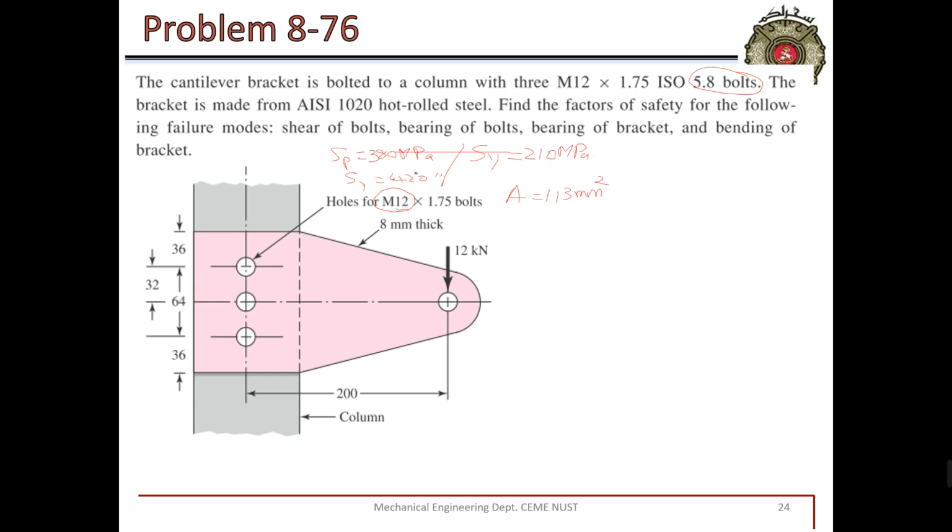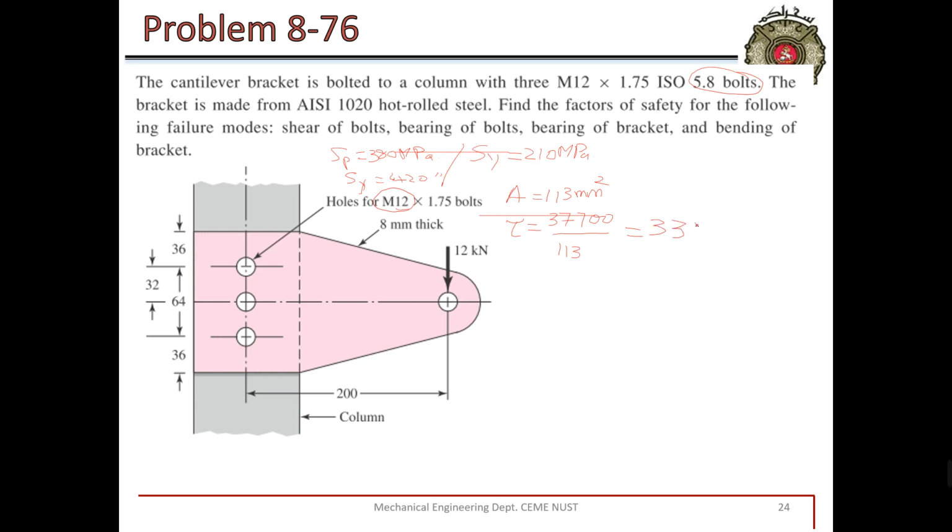Also, because we have the yield strength, we can check the shear yield strength of the bolt. It is 0.577 into 420, that will be the strength. Shear stress on each bolt, tau, and what was the maximum load? 37.7 kilonewton or 37,700 Newton divided by this area 113 millimeter square, and from that we can calculate the stress on the single bolt.